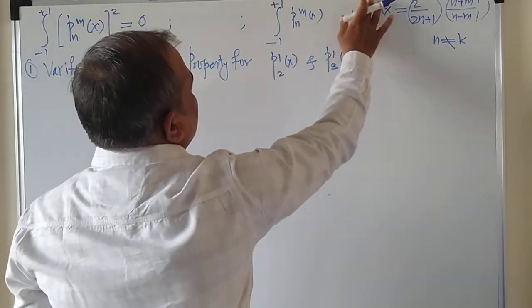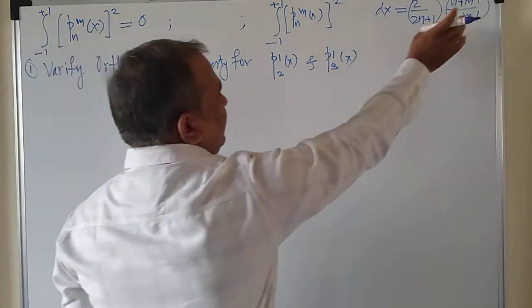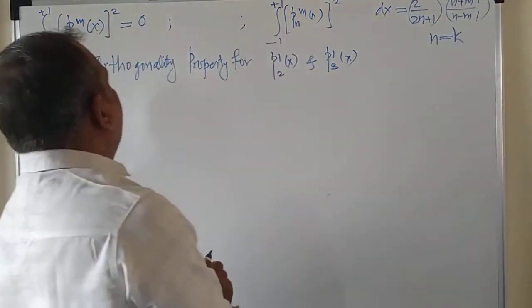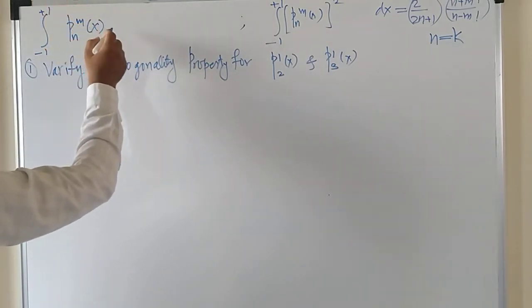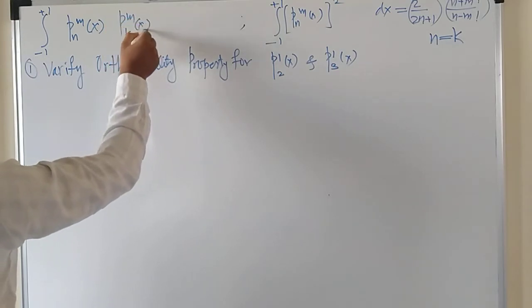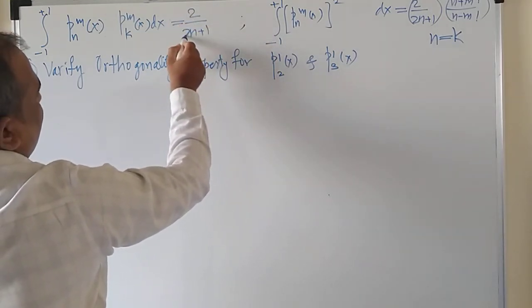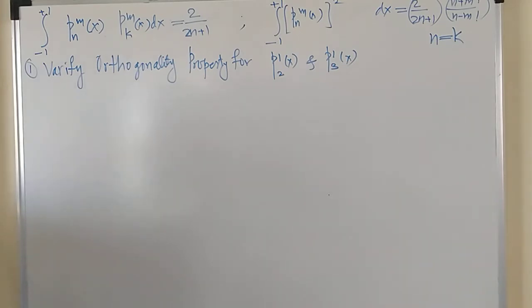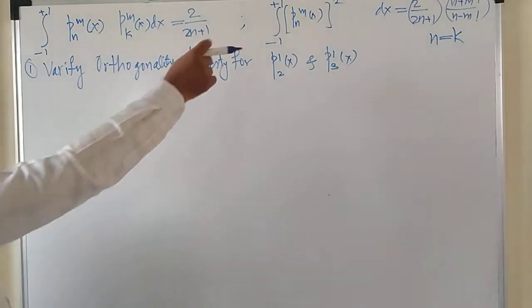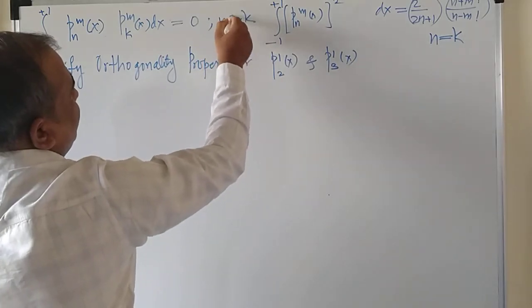I will change this: the integral of [Pn m] bracket squared dx is equal to this when n and k are equal, and here you must write the integral of Pn m of x into Pk m of x dx, which is equal to 0 when n and k are not equal.